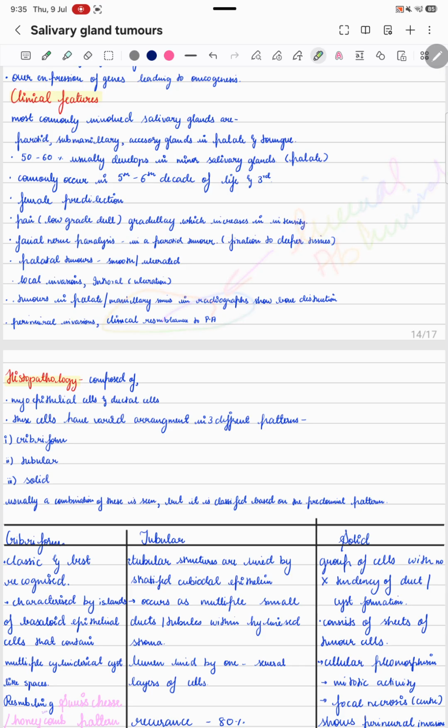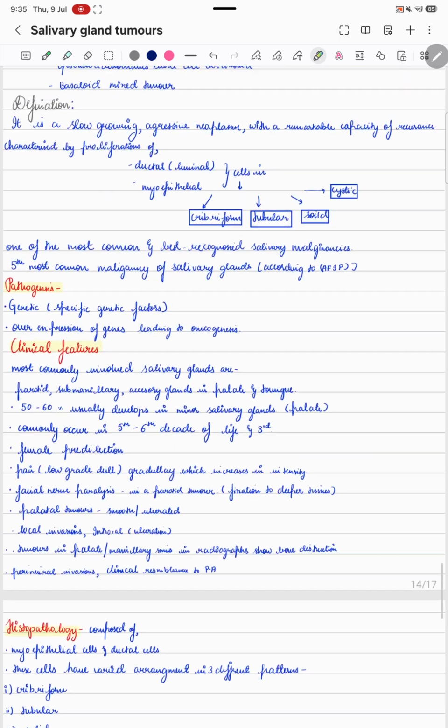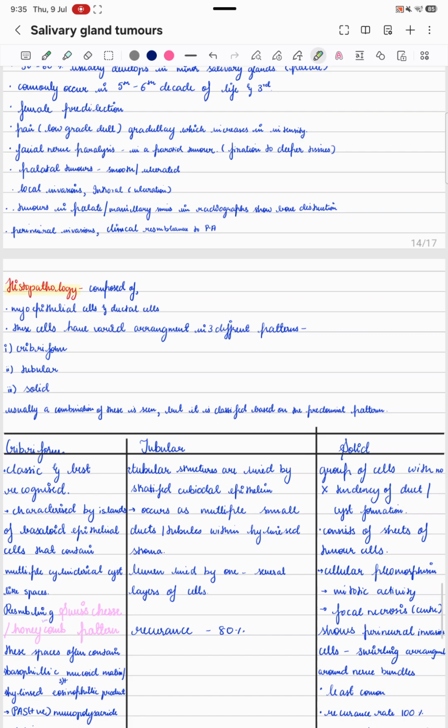Histopathologically it is composed of myoepithelial and ductal cells which arrange themselves in cribriform, tubular, and solid patterns. Cystic is also seen, but cyst spaces are formed within these three, so we do not categorize it separately as a cystic pattern.